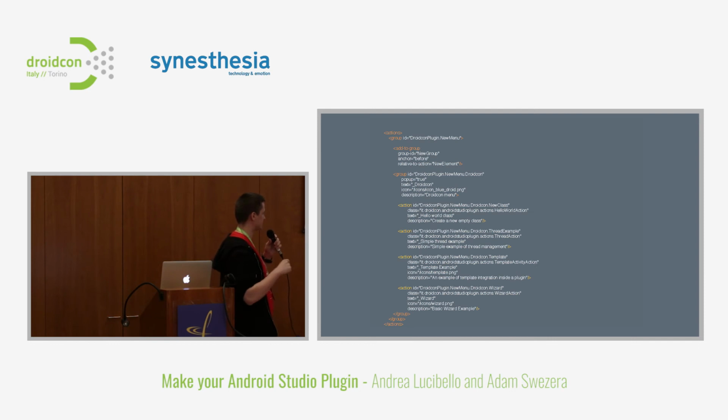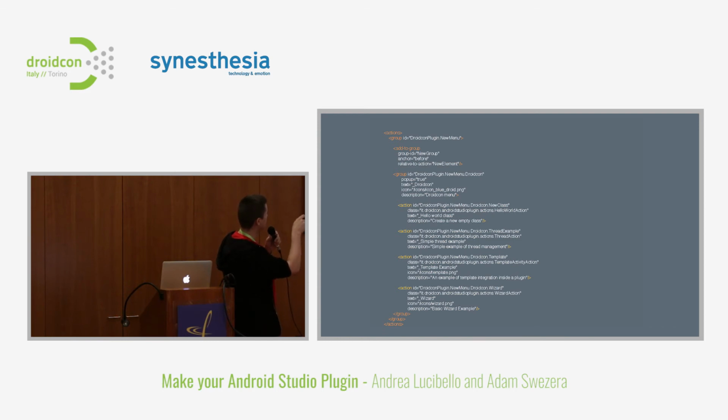So as I was talking about actions, let's zoom in and see how we define an action inside the plugin.xml file. In our example, we defined 4 actions, and we grouped them into a group, and we tell the group where it has to show up by using an add-to-group tag.